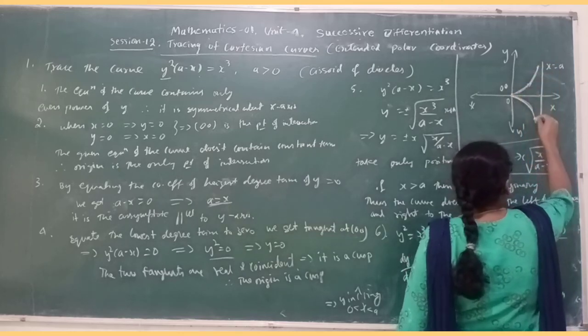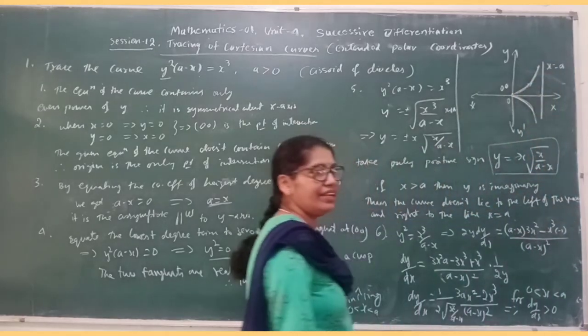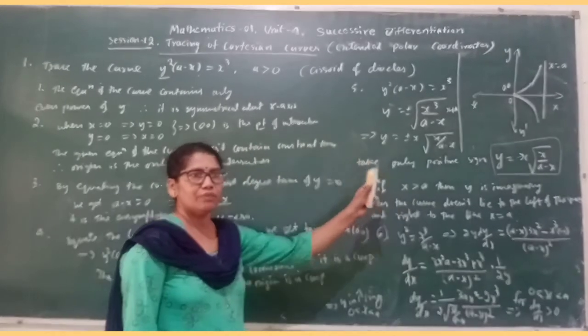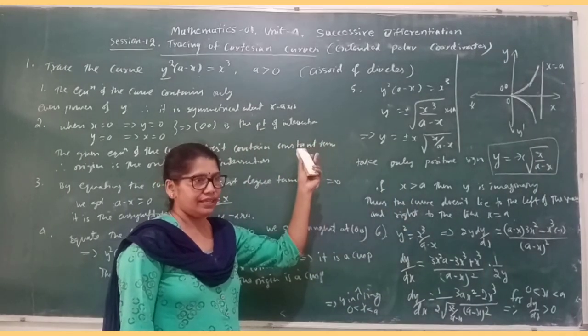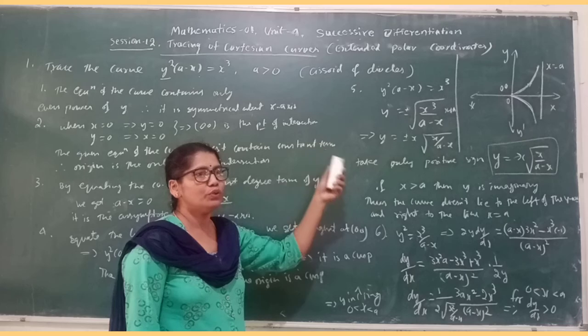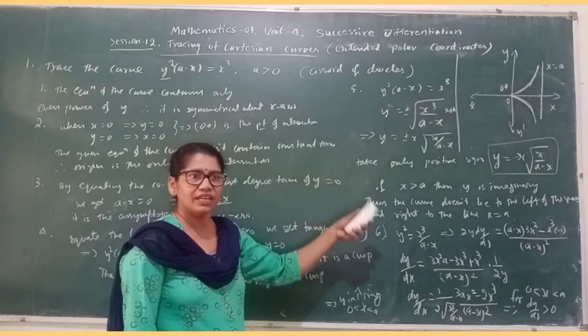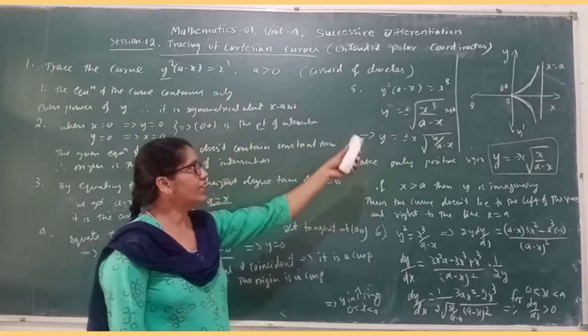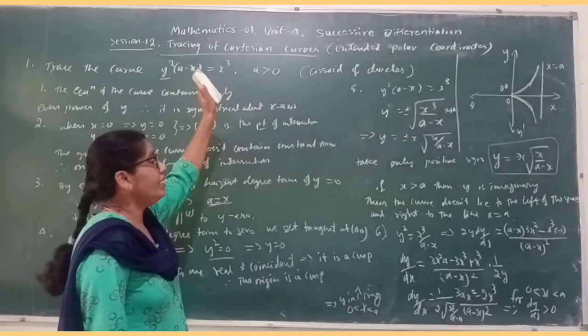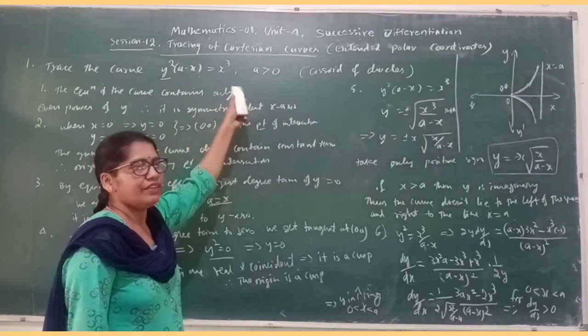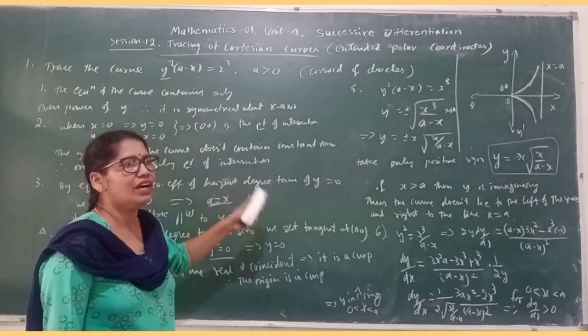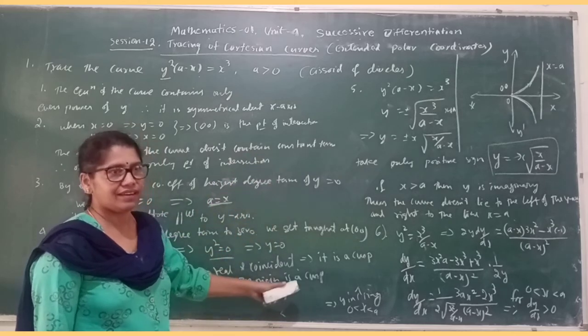See, like this we trace the different types of curves by using the data of how to trace Cartesian curves. So by using that we can trace any equation of the curve given.